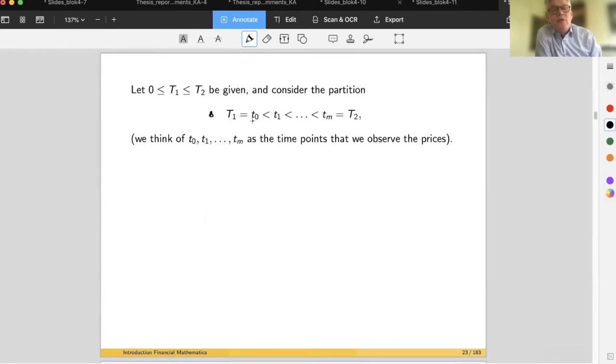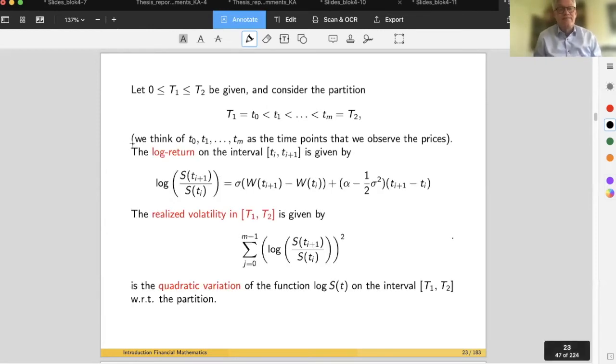So little t0 set equal to T1, and then we have a time partition t0, t1, t2, up to t_{m-1} and t_m, which is equal to T2. A partition in time, instances in time. Think of time points where we can observe the stock prices, for example.